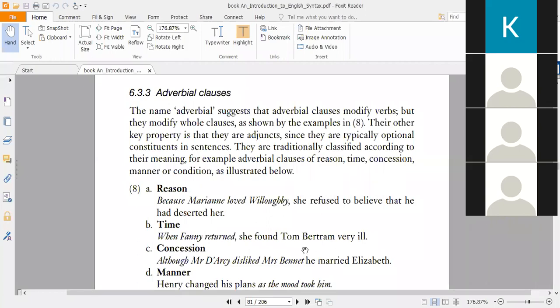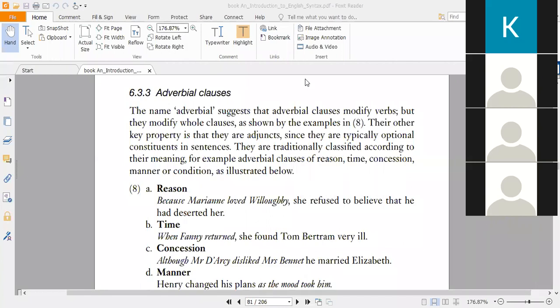Remember the difference between an adverbial clause and a complement clause: a complement clause can modify the noun phrase or the verb phrase. On the other hand, an adverbial clause modifies the whole clause. So that is the difference.